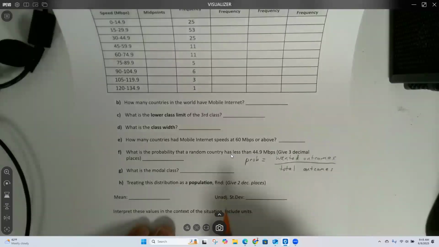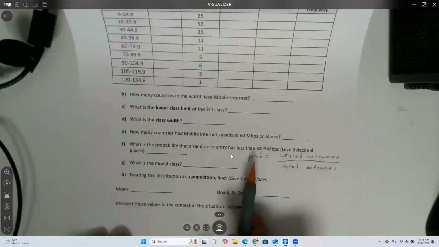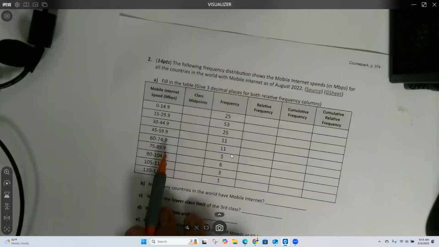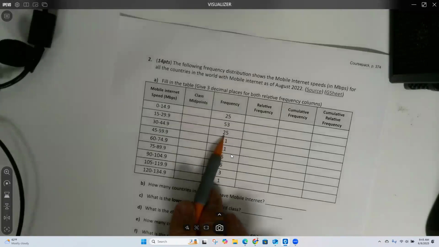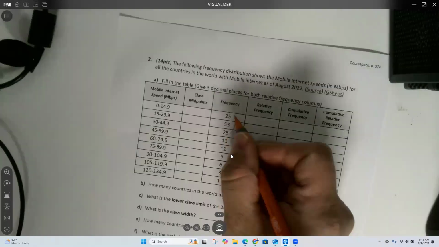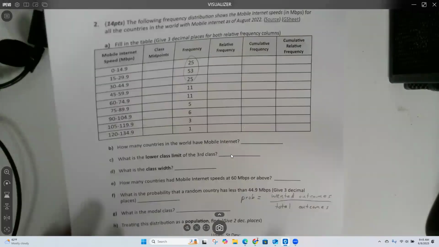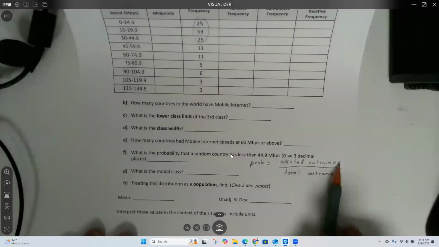In this case, we want less than 44.9. So here is 44.9 right here. Less than would be all of that, so you'd add those up.